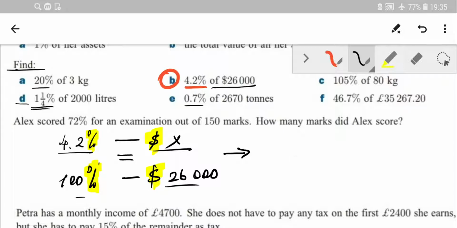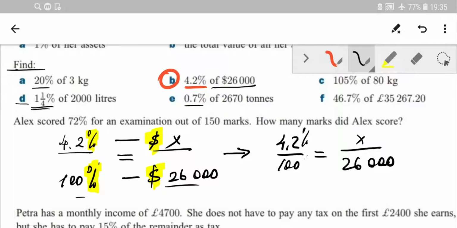So simply write something like that: X over 26. One more time, percentage under percentage and dollars under dollars, so that you understand your final answer should contain dollars. That's why X should have a dollars amount. And indeed, because percentage will be cancelled here and here, you just simply cancel.